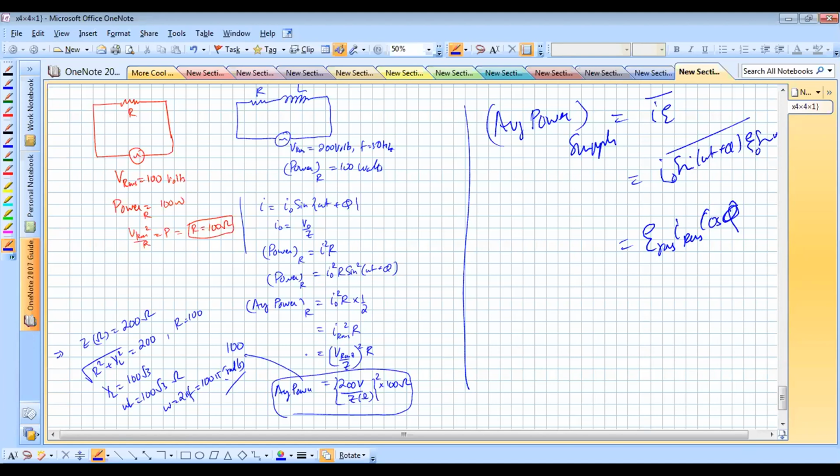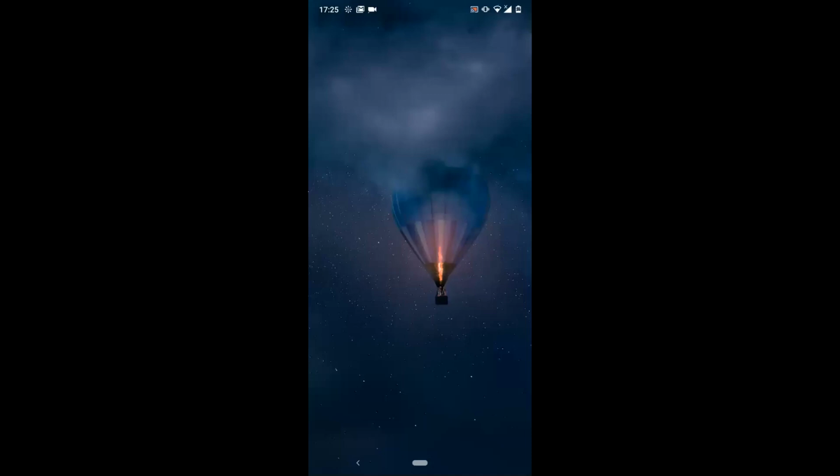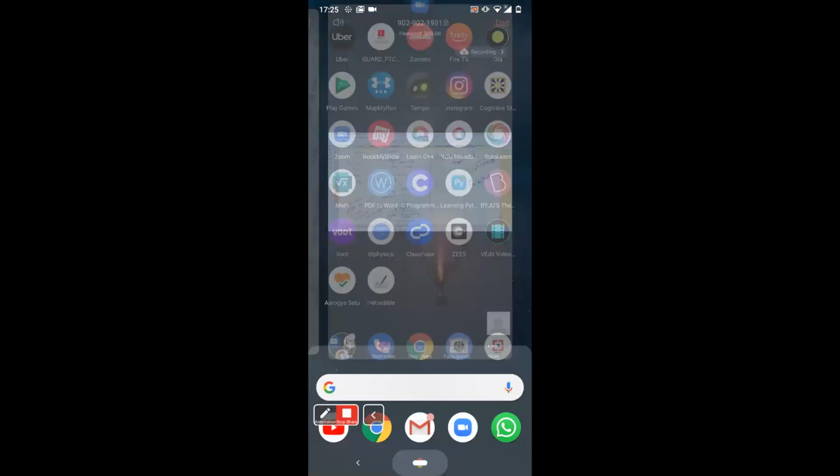Sir, can you come to question 41? Question 41. Wait. Okay, the triangular waveform one. Sir, when it was taught in class I did not understand how to find it. Okay, well, I'll take it.